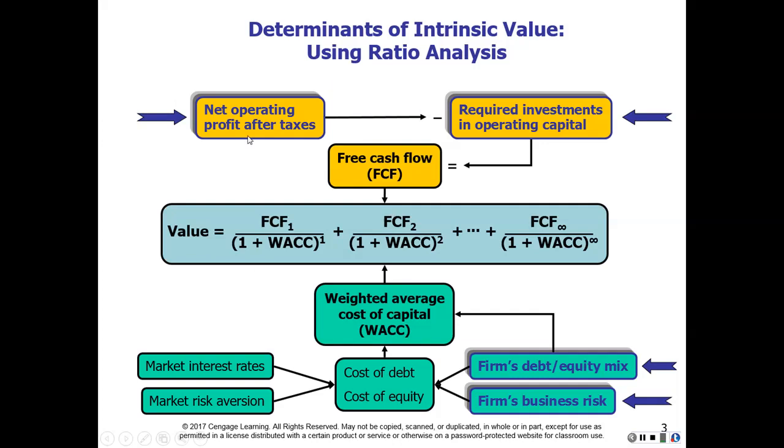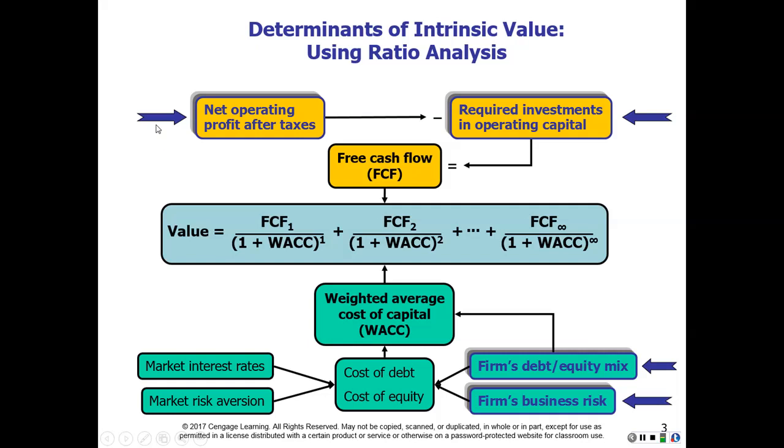And you've seen this before, right? The value of a company is based on free cash flows in the future, and we calculated their present values to decide how much a company is valued today.